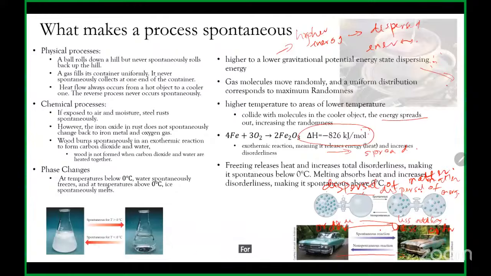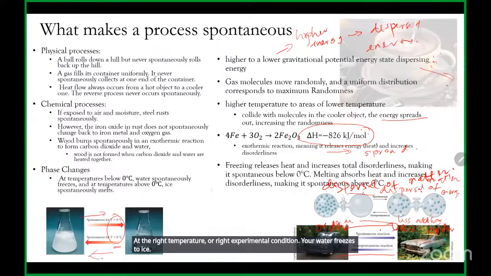For example, like we said, it depends on the temperature. At sufficient energy at the right temperature, water either freezes or it melts. At the right temperature or right experimental condition, your water freezes to ice or it melts.